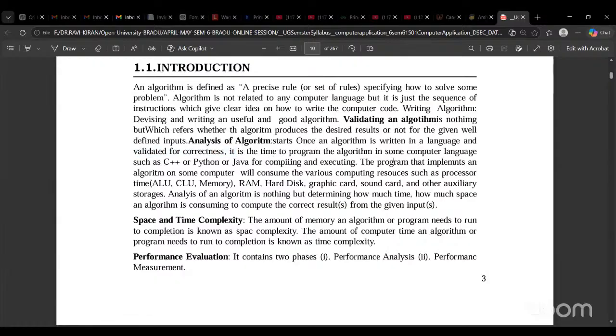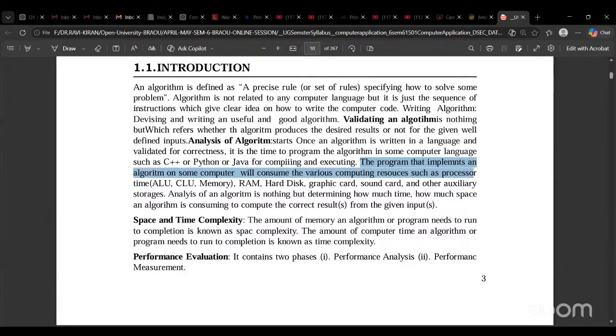So it is time to program the algorithm in some computer language. There are so many programming languages in the market. C++ is there, C is there, Python is there, Java is there. The program that implements an algorithm in some computer will consume various computing resources.